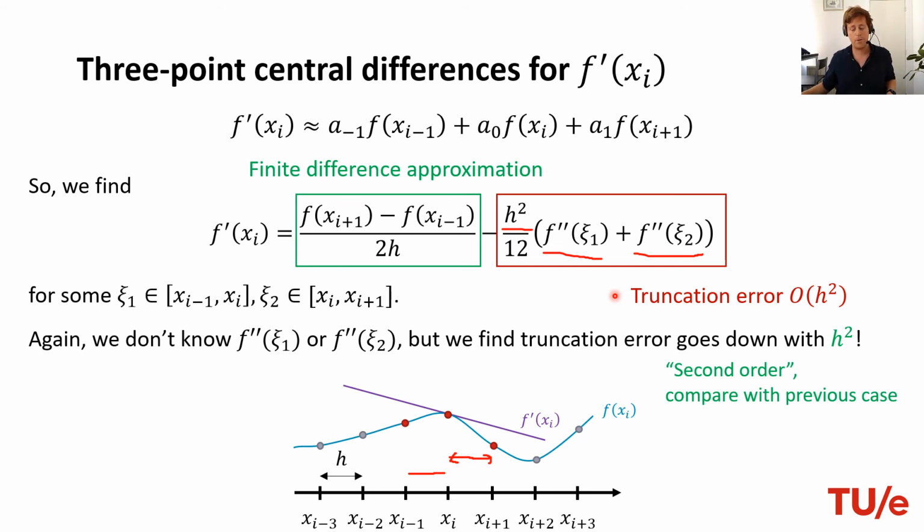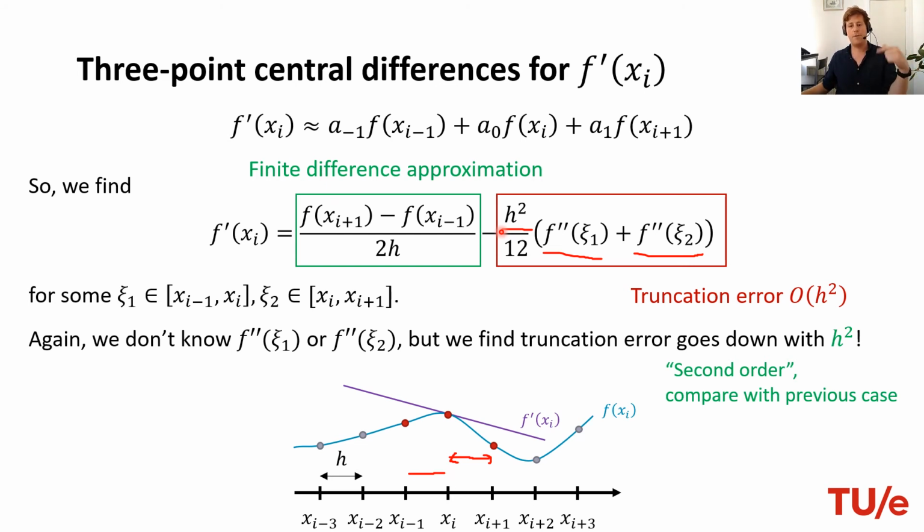This is also what we observed in one of the previous examples, where we saw that the central approximation was much more accurate than the forward approximation of the derivative. If you recall from the previous section, we did a refinement where instead of h equal to 1, we chose h equal to 0.25. So we reduced h by a factor of 4.